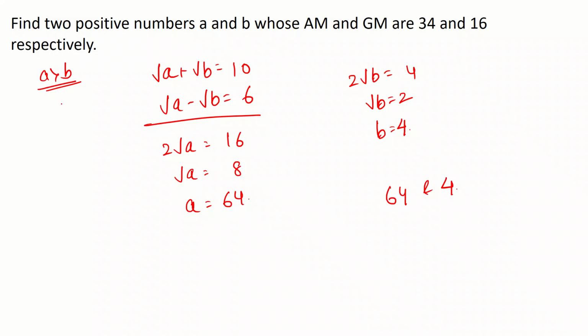If you take a greater than b, you get these answers, and if you take a less than b, then you'll get 4 and 64 as your answer. In any case, you just have to give those two numbers. They're interested in knowing what the two numbers are. So 64 and 4 are the numbers whose AM is 34. You can also verify: 64 plus 4 divided by 2 is 34, and the geometric mean is the root of 64 times 4, which is 16. So 64 and 4 are the answers.